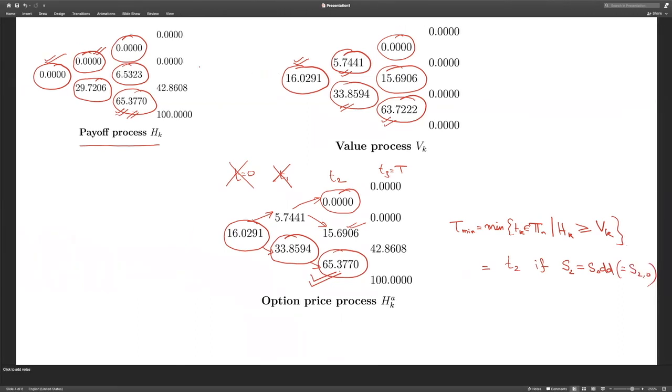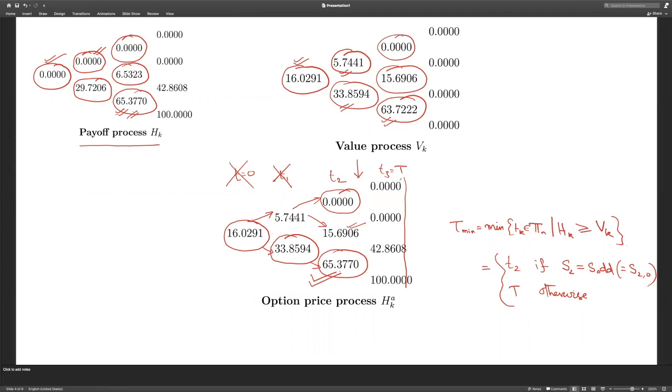And further, if there was an intermediate time, then you will go again for the next level. But after T2, we have reached the expiration. Therefore, whatever may be the situation, the option will get exercised because it's the expiration. Therefore, you will write T otherwise. In certain cases, you may have this at more than one case, so you have to list them all.